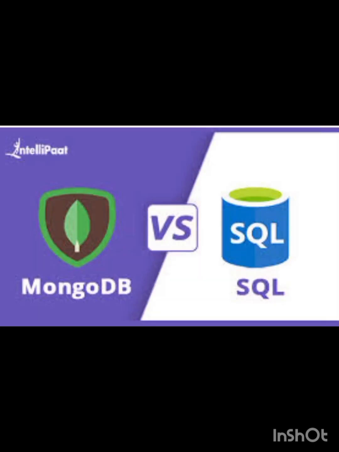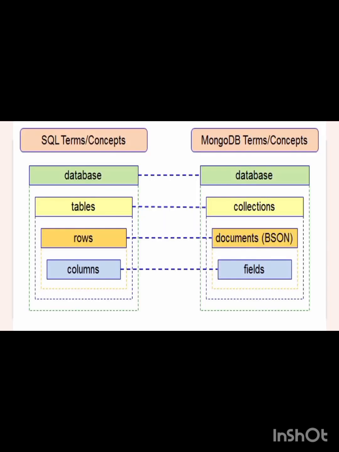Moving on to the next slide, let us see about MongoDB vs SQL database in detail. Let us see the difference between SQL and MongoDB. In SQL, the database type is relational databases, whereas MongoDB is non-relational or distributed databases.